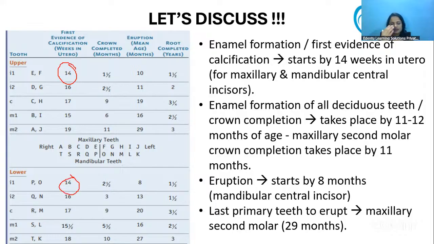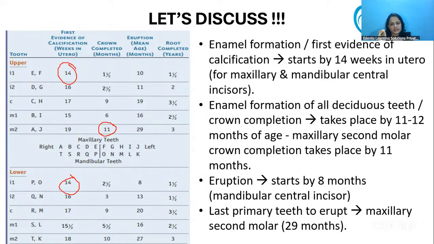That's when the enamel formation actually starts. Then the enamel formation of all the deciduous teeth will get completed by around 11 to 12 months of age.